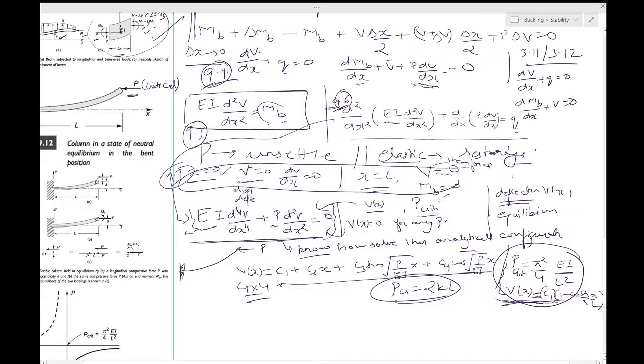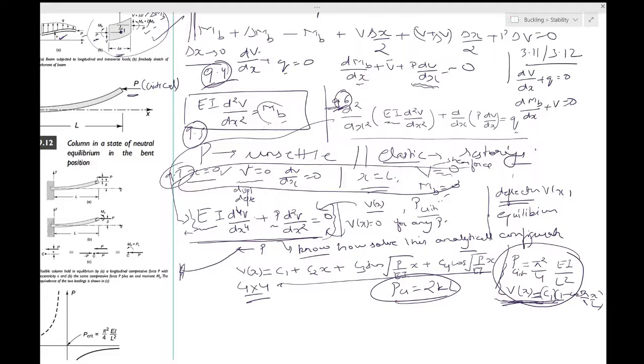And the deflection is an equilibrium position for any arbitrary value of C1 as long as the deflection remains within the validity of small deflection theory. It can be shown that these are all neutral configuration positions, that is, the critical load will hold any of these deflections in equilibrium. For smaller values of P, the straight column is stable.